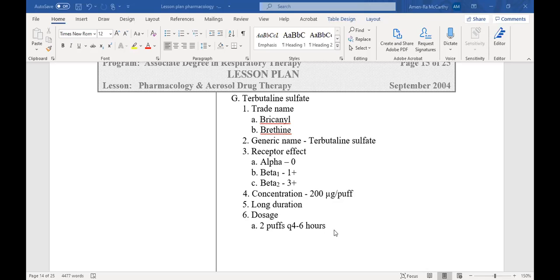So how many micrograms will a patient get in one dose? 400, because it's 2 puffs, and each puff is 200 micrograms. So when you squirt them 2 times, they're getting 400 micrograms of medicine.